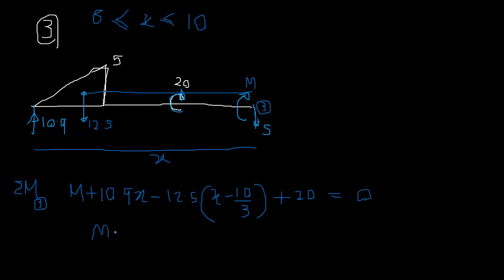So you can determine M is equal to 10.9x minus 12.5, sorry, plus, this is minus, minus 20. So now I'm okay, right?